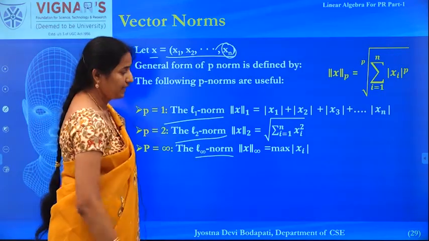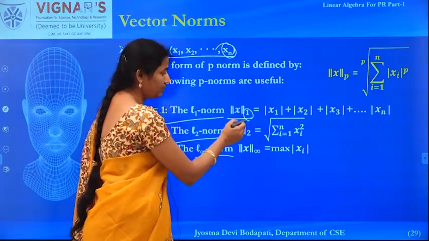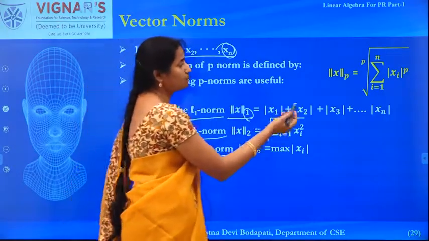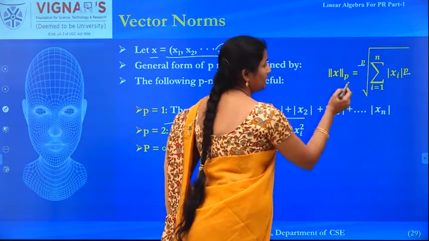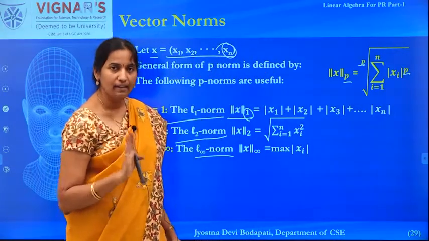So let's see what the L1 norm is. In the case of the L1 norm, it is represented with the subscript 1. Wherever there is p in the representation, I replace that with a 1.